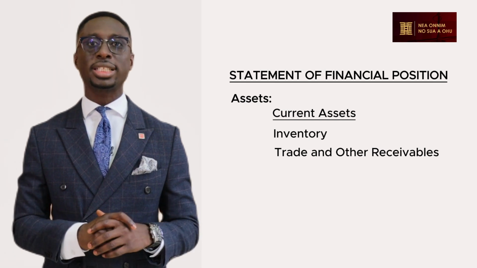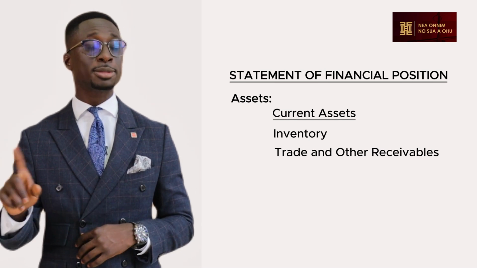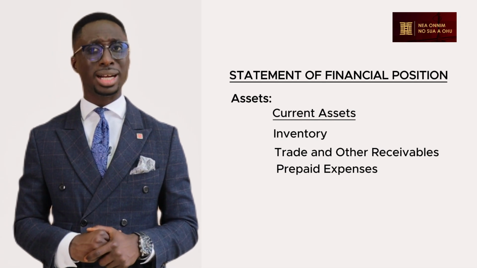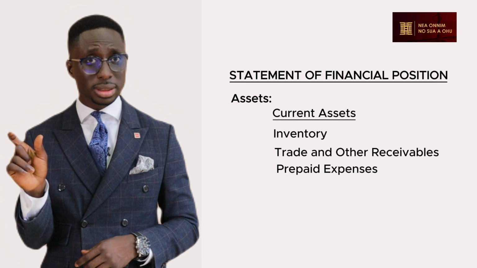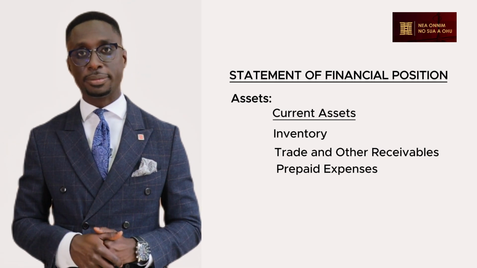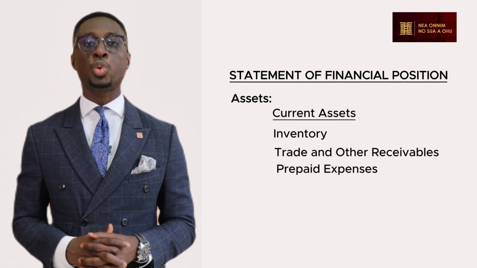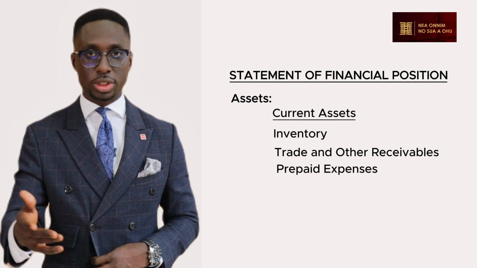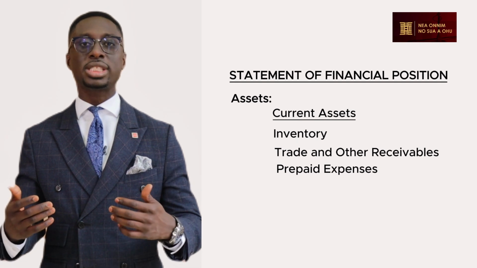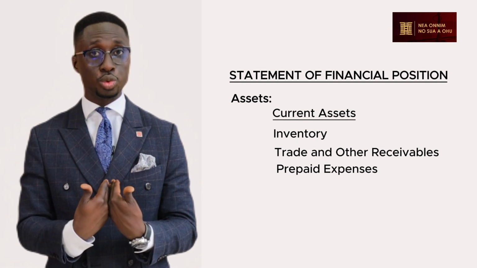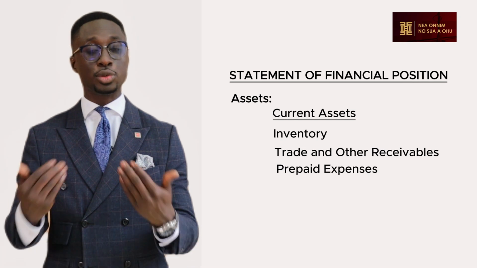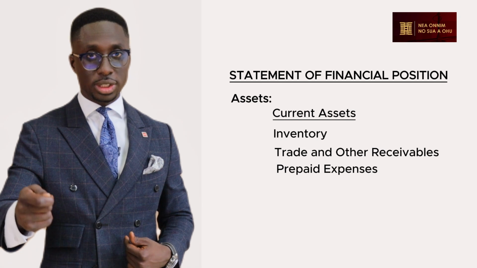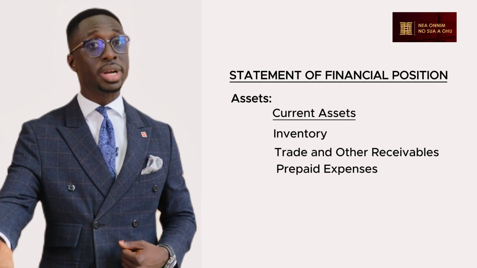Great. Now let's look at something we call prepaid expenses or prepayments. And I'm sure you'll be wondering, how come something known as an expense is an asset? I would explain why. For instance, if you are to pay for a service in advance or pay for goods in advance, and those services are yet to be rendered to you, or those goods are yet to be supplied to you, you have made a prepayment for the goods or services which are yet to be rendered to you.